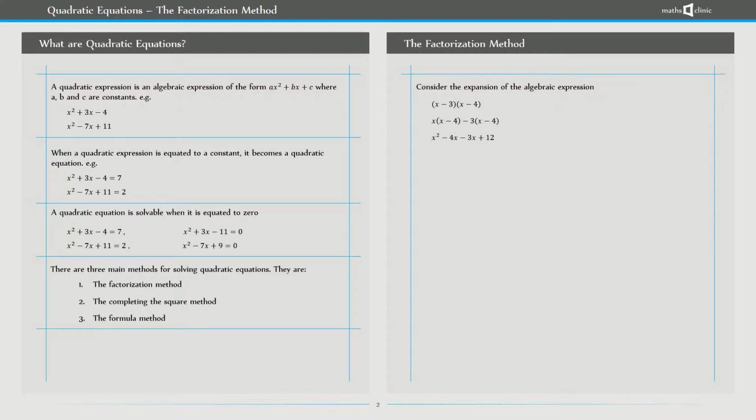When you solve this out, x times x gives you x squared, minus 4x, minus 3 times x gives you minus 3x, and minus 3 times minus 4 gives you 12. So you have x squared minus 4x minus 3x plus 12. We can combine the like terms in the middle, and what we have is x squared minus 7x plus 12.